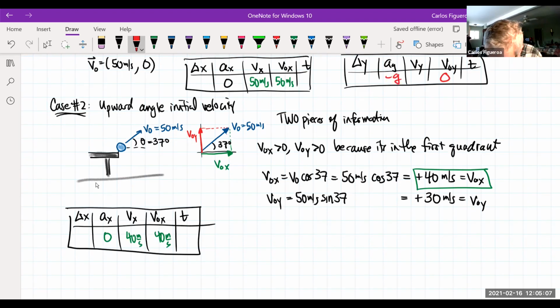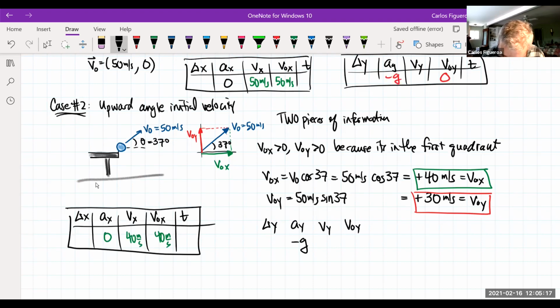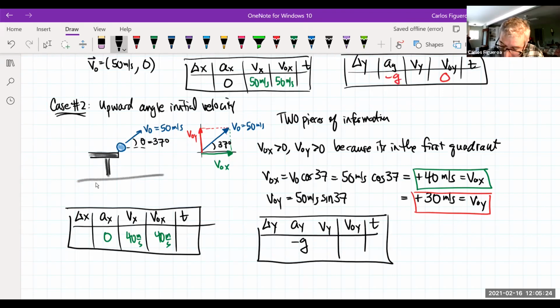It's not 50 meters, it's what? 30 meters. So when I come in and I set up my table, I look at that initial velocity, that's the important piece. I'm really focusing on this guy right here. I'm going to put in what? I'm going to put in plus 30 meters per second. Note, this is not 50 meters a second. You need those components.